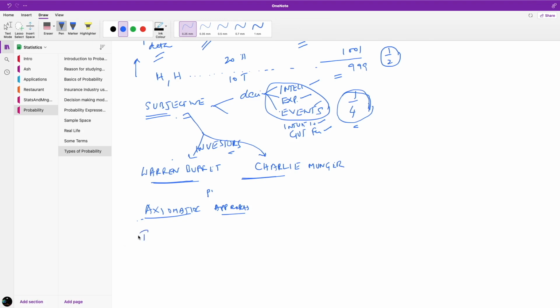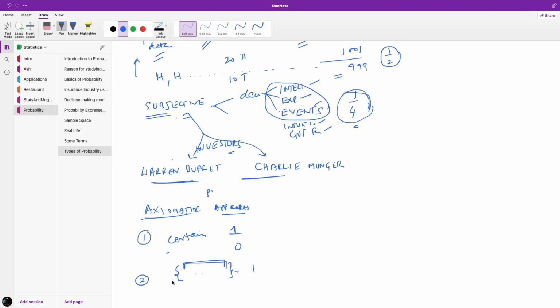The first one: the probability of a certain event is 1, and the probability of a totally uncertain event is 0. And the probability of the whole sample space is 1, meaning that this sample space contains all the possible outcomes.